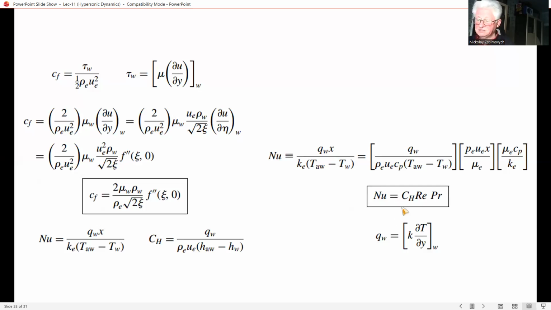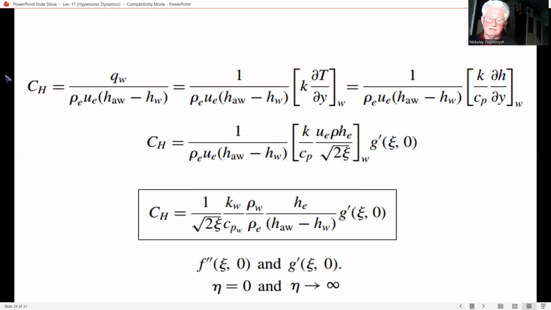So let us concentrate on our Stanton number, because Nusselt is related to this Stanton number, and to the Fourier equation for heat conduction, namely this equation on the bottom.